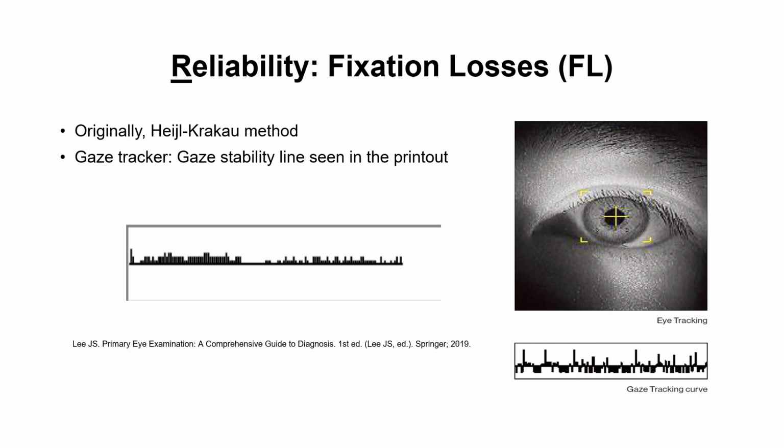So this new technique by the Humphrey Visual Field Analyzer is much better than the original Heijl-Krakau method, which depends on the blind spot. However, the gaze tracker depends on infrared light that follows and controls the gaze throughout all the test.